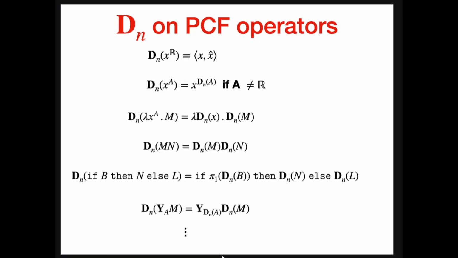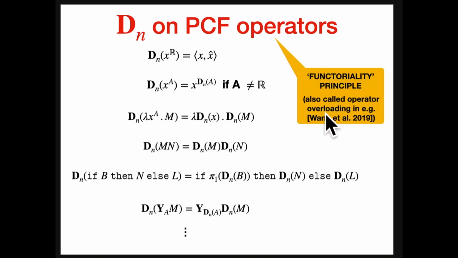So this way of extending such a transformation is called sometimes in the literature operator overloading, as for example in the Wang et al. 2019 publication, while we prefer to use the functoriality principle terminology, as actually it corresponds to defining D as a functor, actually a two-functor, over syntactic categories, and to say that this functor preserves the categorical structure given by the PCF operators.